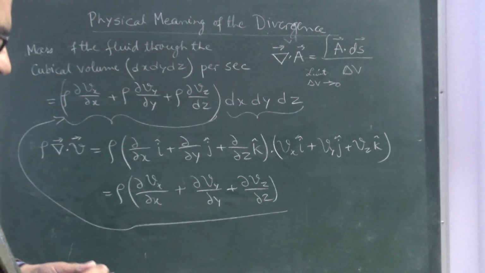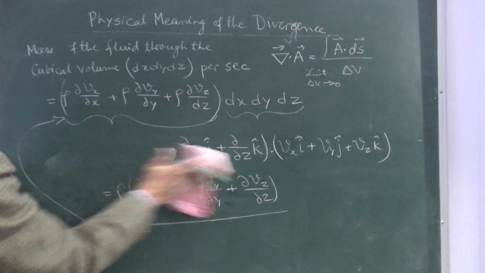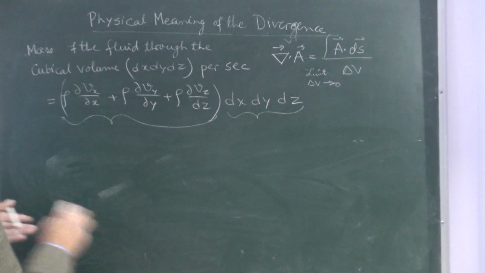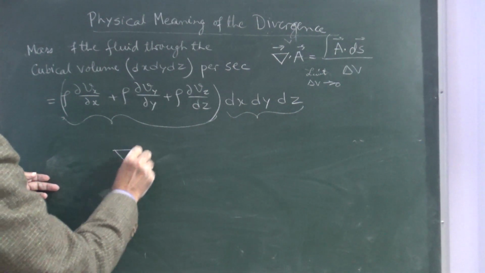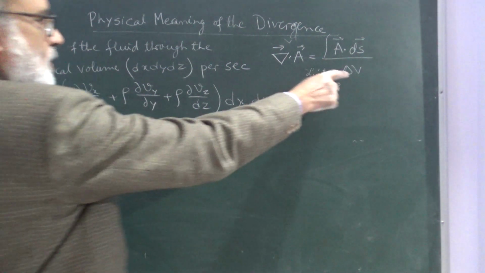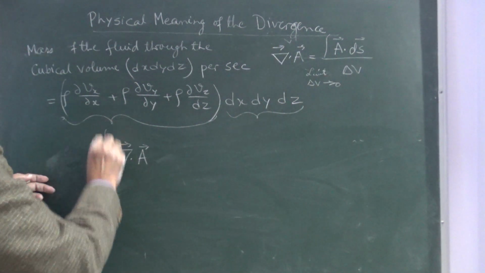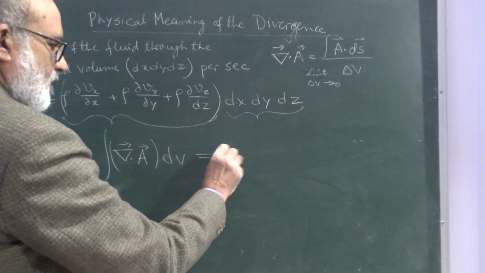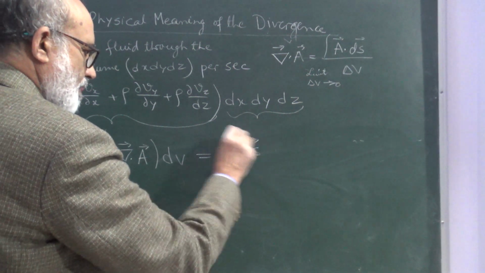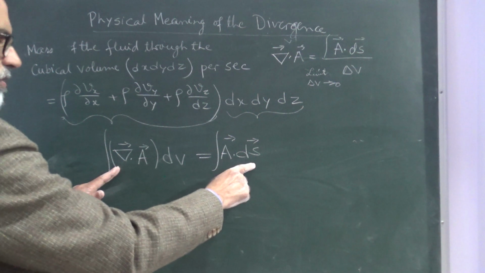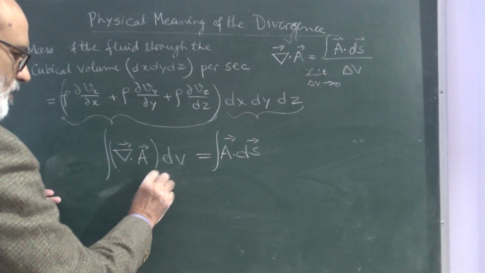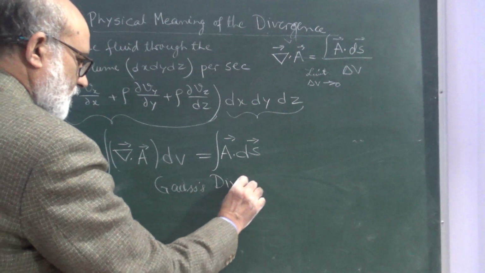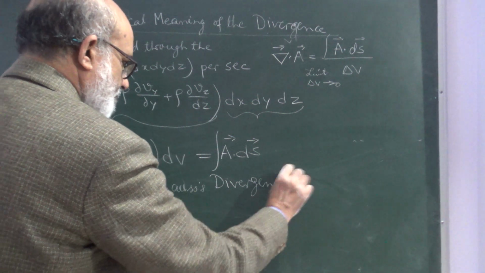Or in another way, if you write it like this, you multiply by the volume here and integrate over the whole volume dv. It will give you A dot ds. And from a volume integral you are going to a surface integral, and this is called Gauss's divergence theorem.